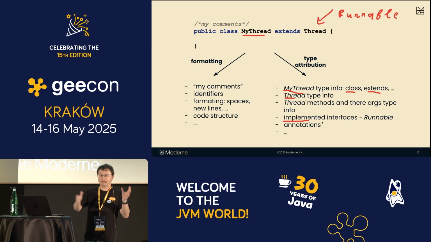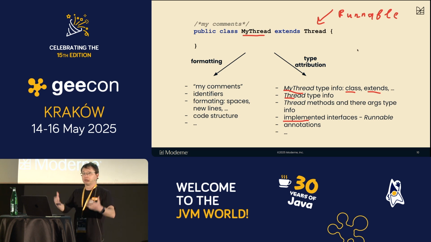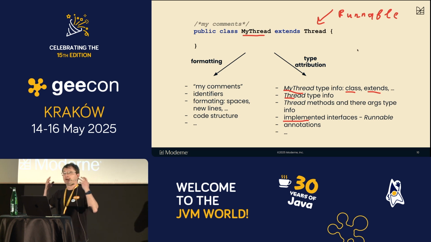Otherwise, it will be impossible to make the type attribution. And this information will later be used by recipes to find different methods that implement something, extend something, have methods with specific arguments, and so on. So it will help us to write the correct recipes.